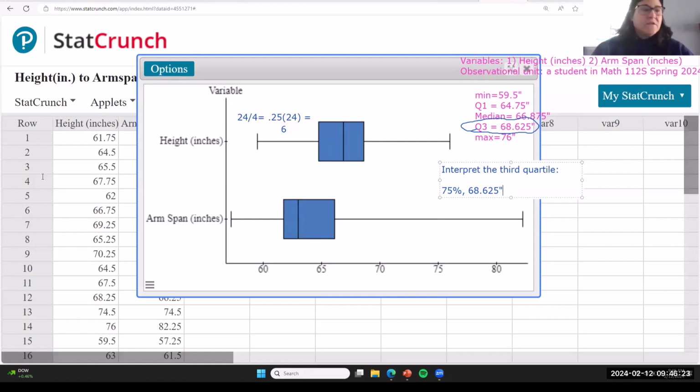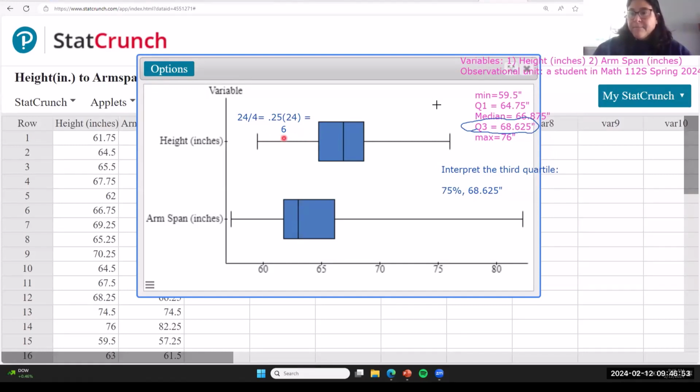So let's take a look again at where the third quartile is. The third quartile sits here on the upper end of the box. And so how much of the data is above? What percentage is above that? There's only 1/4 above, but there are 3/4 below it.